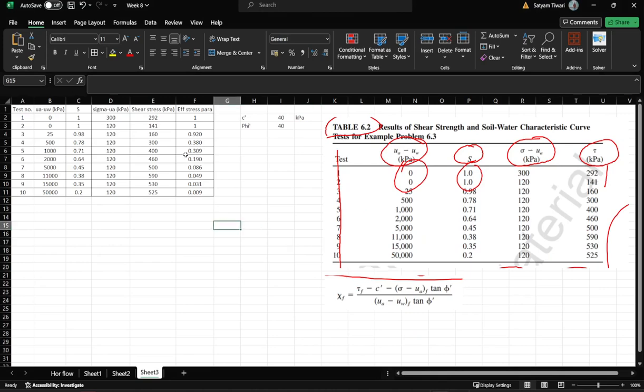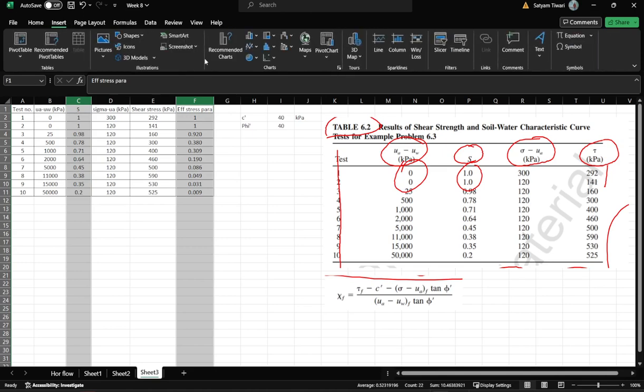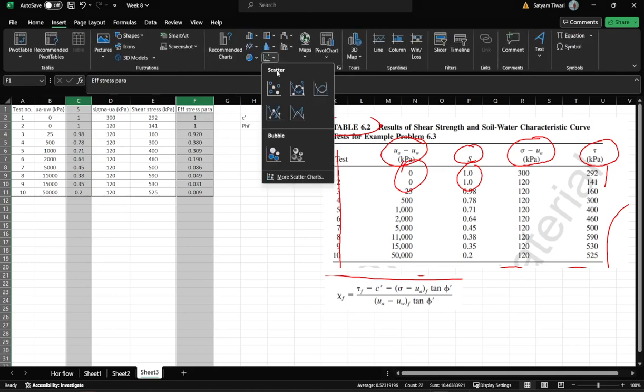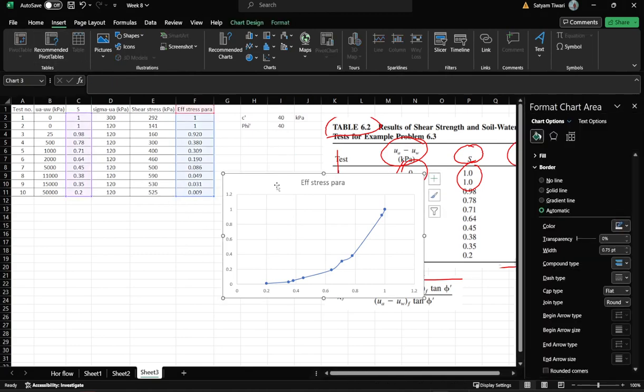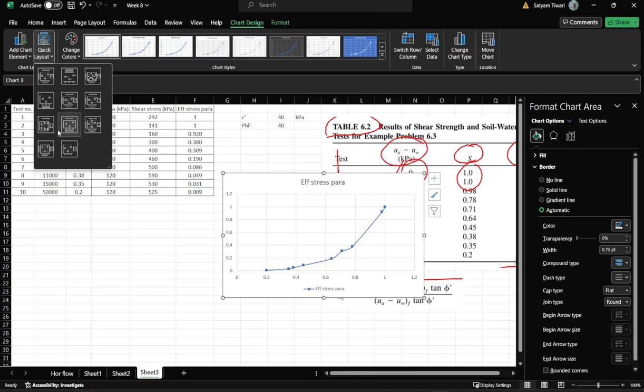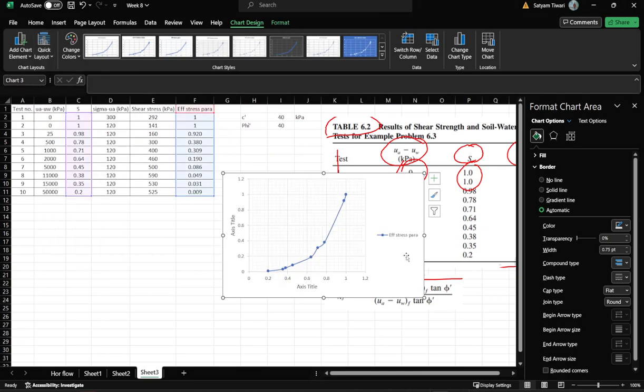The first one is that we'll plot between the degree of saturation and effective stress parameter. So we'll insert a plot and format this like that.